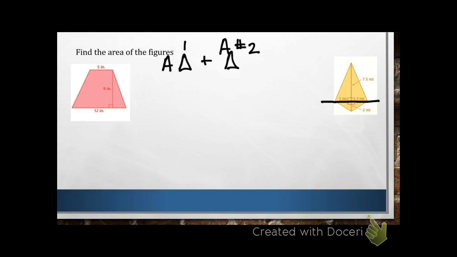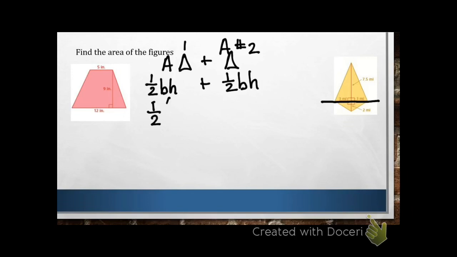All right, and what's our formula for a triangle? 1/2 BH plus 1/2 BH. All right, so let's look at our shape. Our first one, they have a 3 on either side. Well, let's add those together and make those our base. So what is 3 plus 3? It is 6.